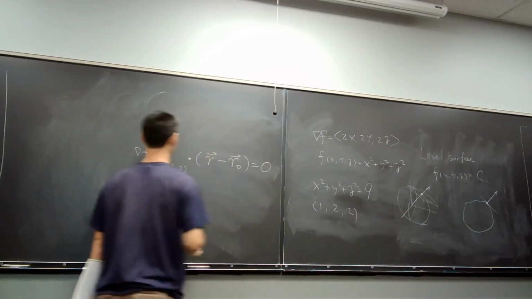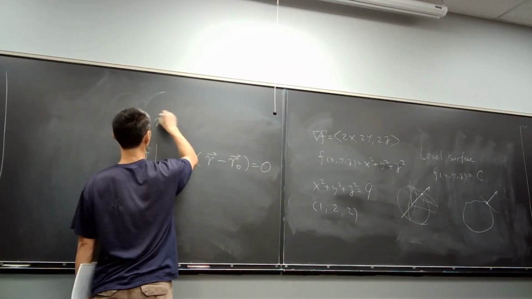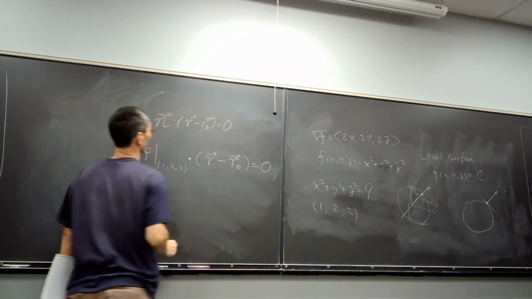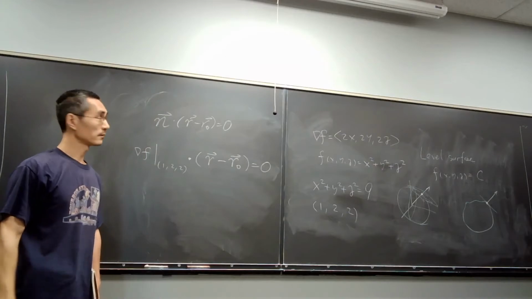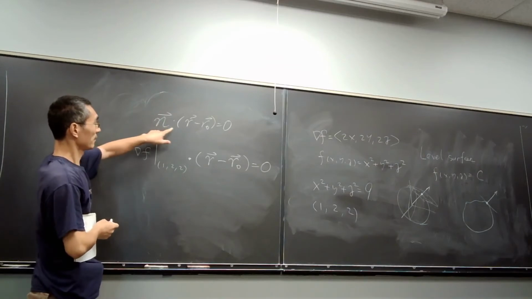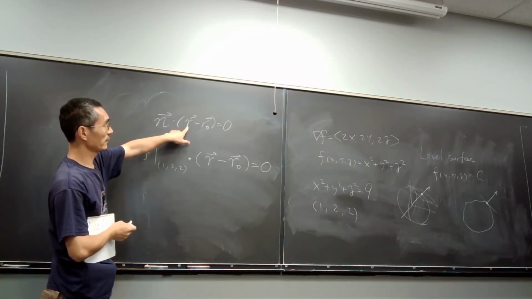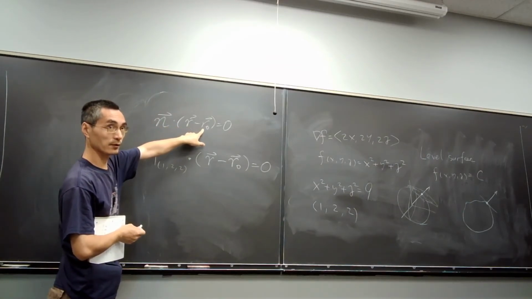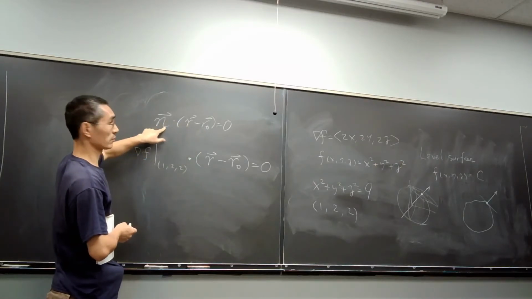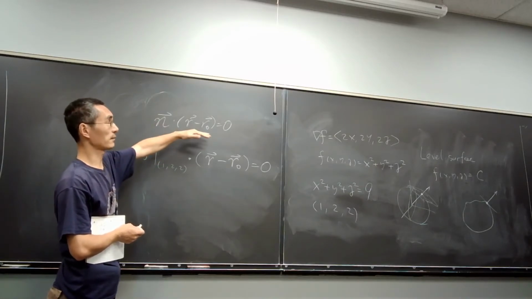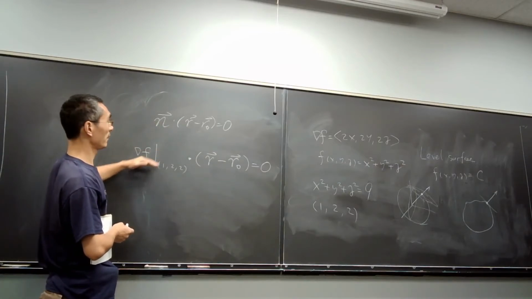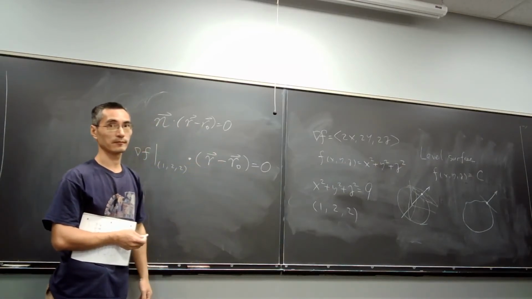If you remember, that's how we write a plane: n dotted with r minus r naught equals 0, where r naught is a point on the plane and n is the normal direction. The geometrical meaning is that the difference between any point in the plane and a fixed point in the plane gives you a vector in the plane, and that vector is perpendicular to the normal direction. In this case, the normal direction is given by this gradient, and r naught is just 1, 2, 2.